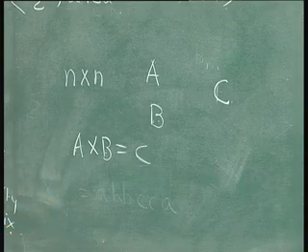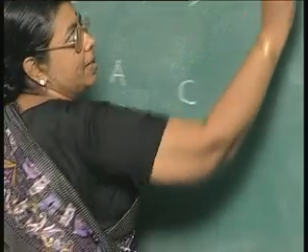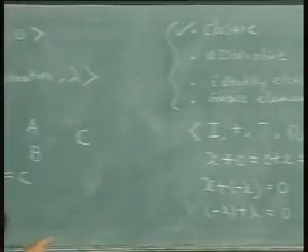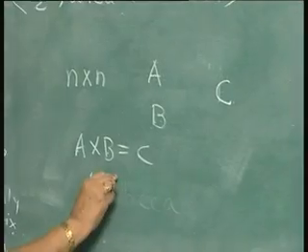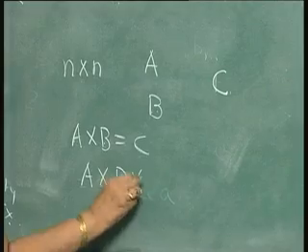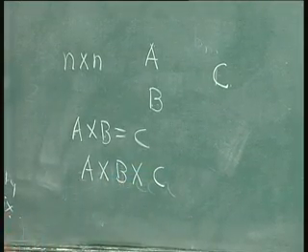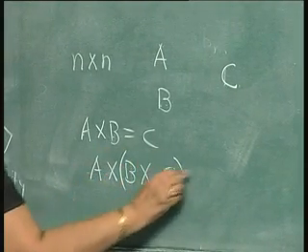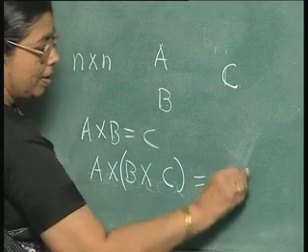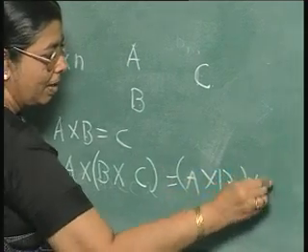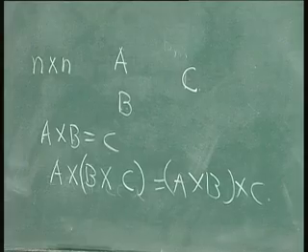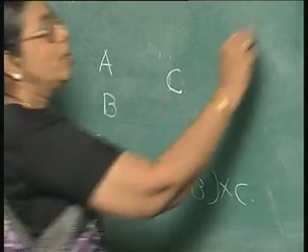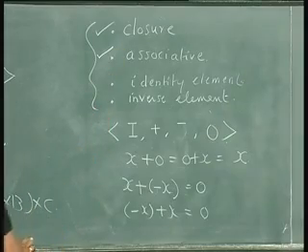We have to check the properties one by one. Closure holds, and for the associative property, you know that with respect to matrix multiplication, if A, B, C are n by n matrices, (A B) C is equal to A (B C). This is a known fact, so the associative property also holds.